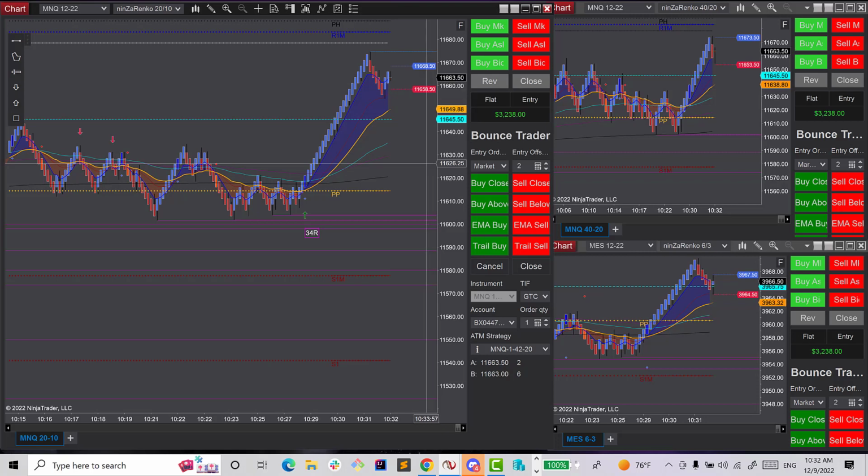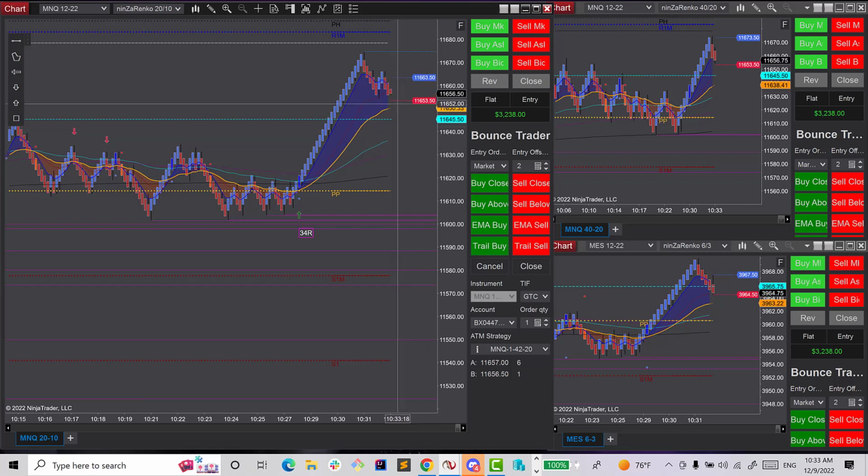Yeah, according to the bounce method, we're waiting for 34 EMA. That's where the most action happens. See, there was this wick in a way. Now it's eyeing 34.